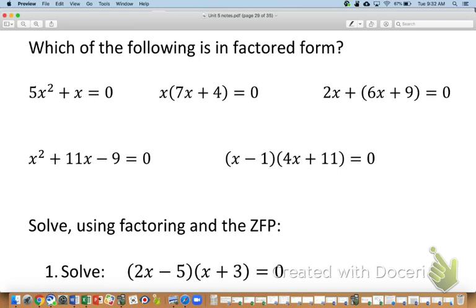So this is kind of a review from what we did last week as far as what factoring was. It's really key to identify when something is in factored form. Which of those do you think is factored right now? Which of those do you think is not?